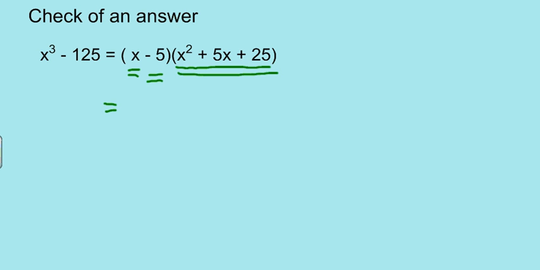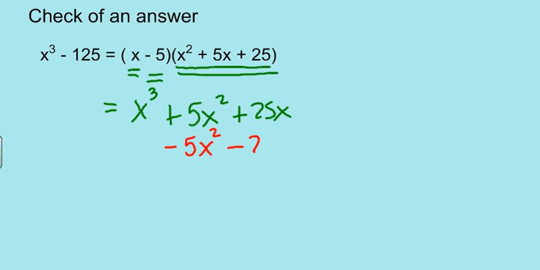So if I take x times the trinomial, I'm going to get x cubed plus 5x squared plus 25x. If I multiply by that negative 5, that minus 5, or plus a negative 5, I'm going to get a negative 5x squared. I'm going to get a minus 25x. I'm going to get a minus 125.